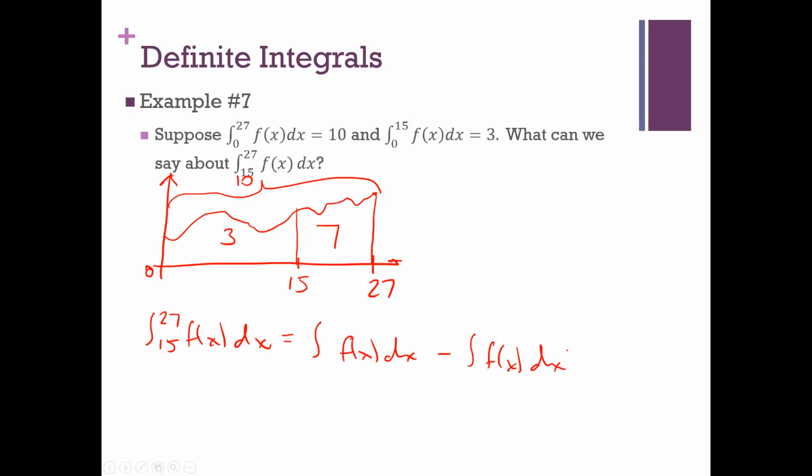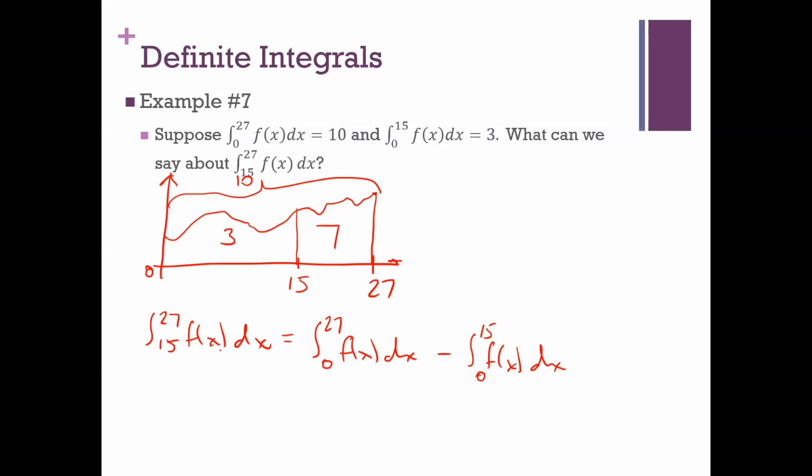So what intervals do we know about? We know about 0 to 27, and we know about from 0 to 15, right? And this is a relationship I just had on a slide. I don't think it looked just like this, right? I think the version I gave you was a sum.